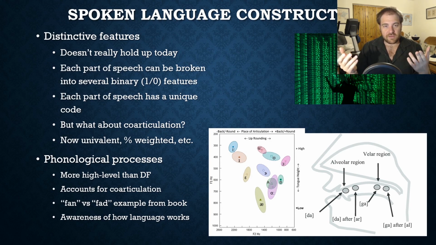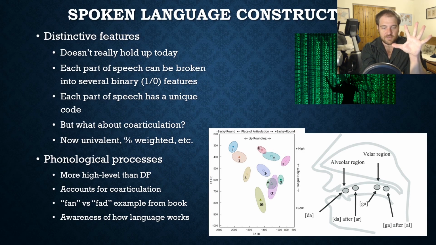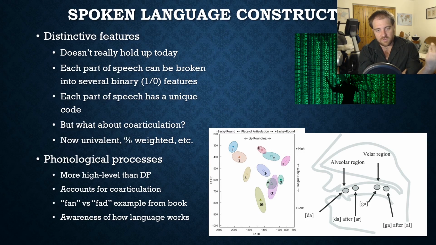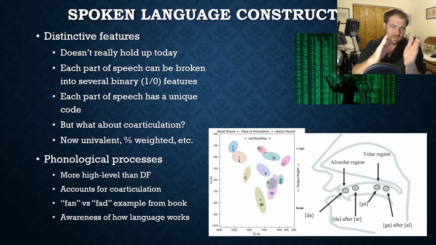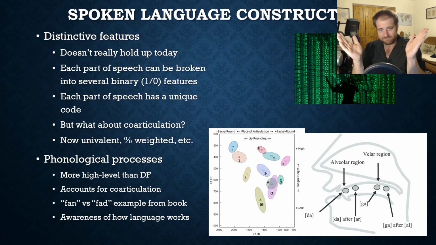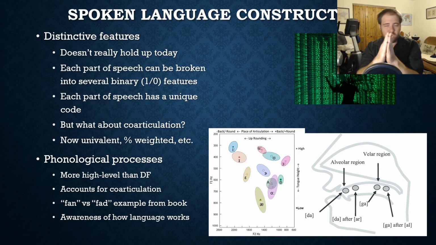Now, the height of technology is neural nets, and things are weighted, and they've got probabilistic values to them, and that's exactly what we think is going on with phonological processes now. So we're doing the exact same thing that they did. In 20 or 30 years, when there's quantum computing or something like that, we're going to say, oh man, the brain is exactly like a quantum computer, and the phonological processes do this quantum stuff. So we're always getting closer, but we're never quite there.